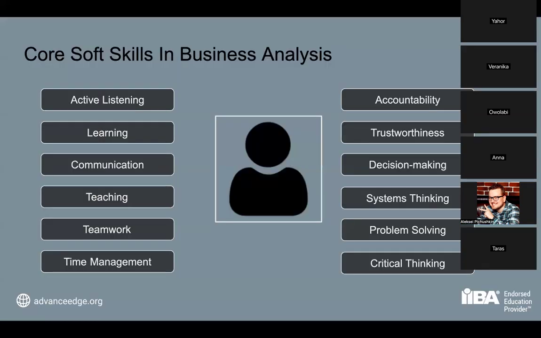And we have already covered some core soft skills in business analysis, but if we go back to the topic of today's webinar, it says beyond the basics, right? Soft skills for effective business analysis. So I would say that the core soft skills for business analysts are active listening, and active is a very important word here.